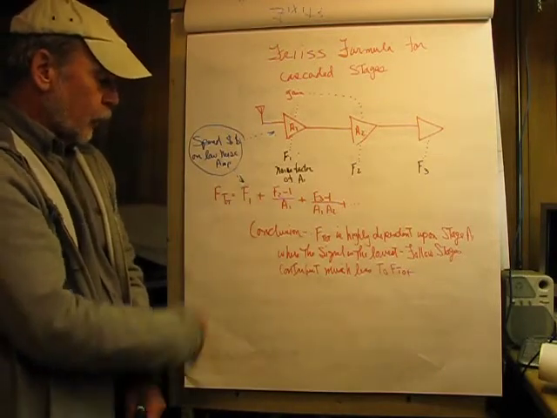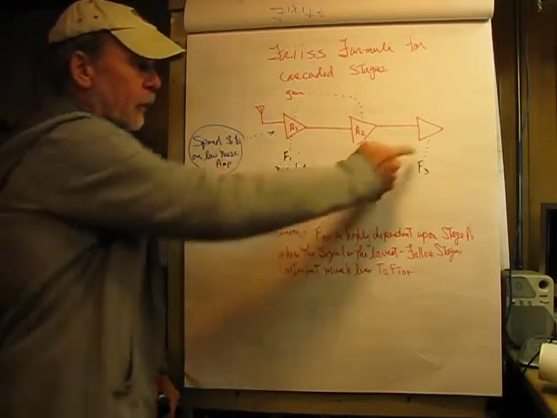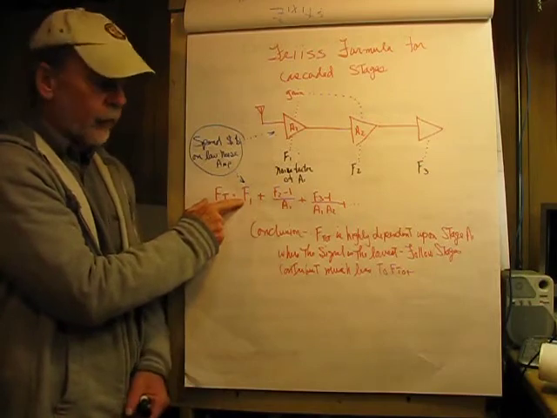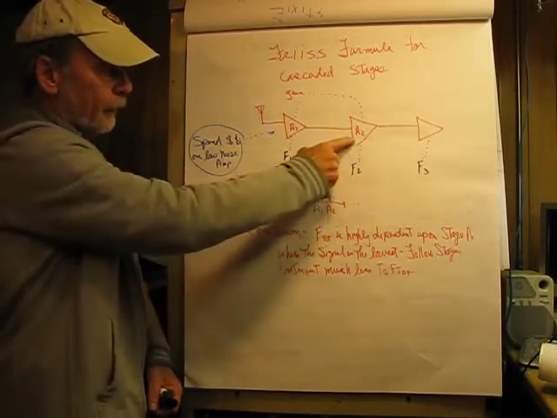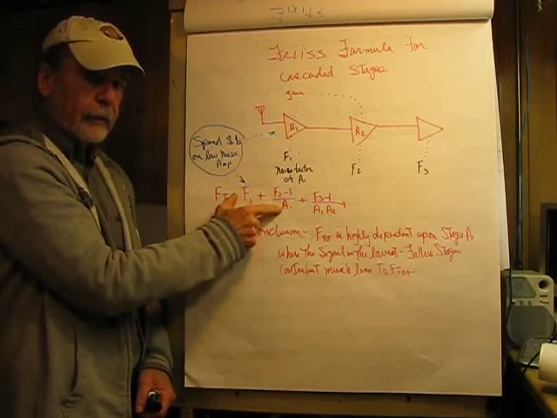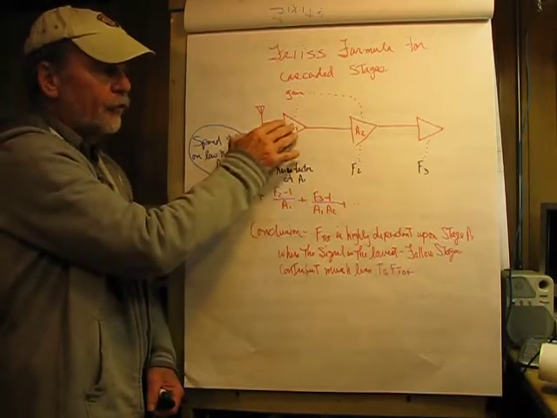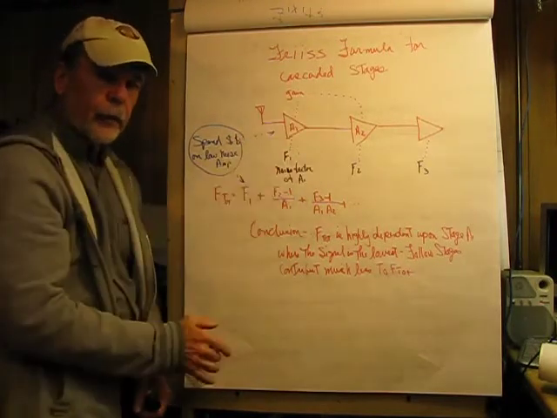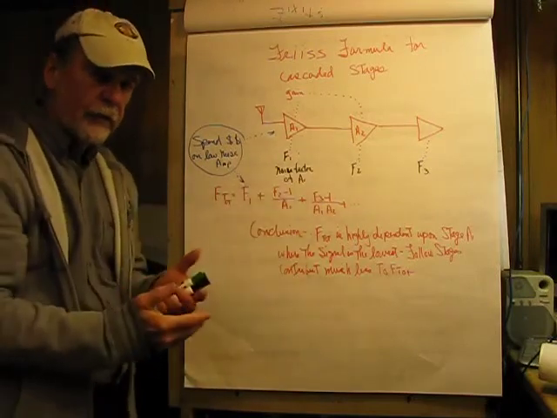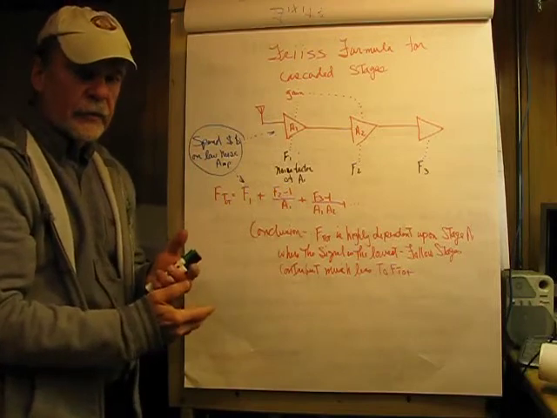And if we go to look at the total noise factor coming out of the amplifier here, we find that it's F1 all by itself plus (F2 minus 1) divided by the gain of A1. So now the signal's higher going into A2, and therefore the contribution of noise of A2 isn't as damaging.